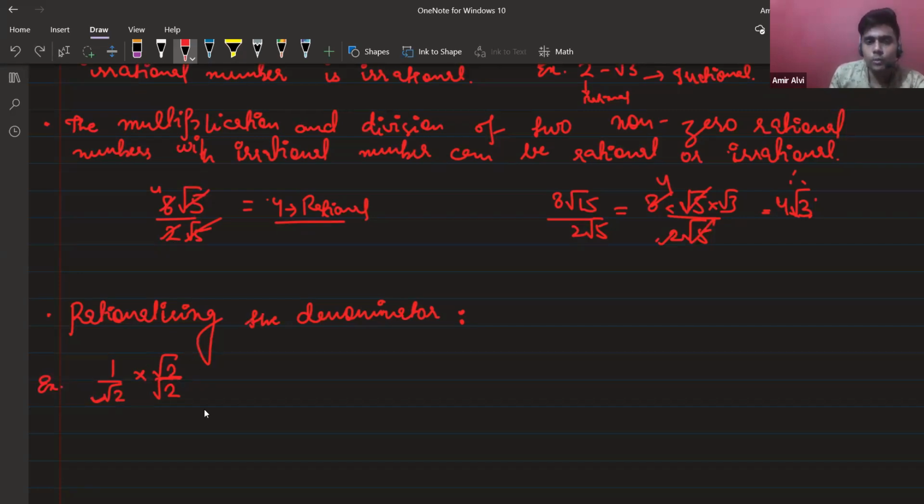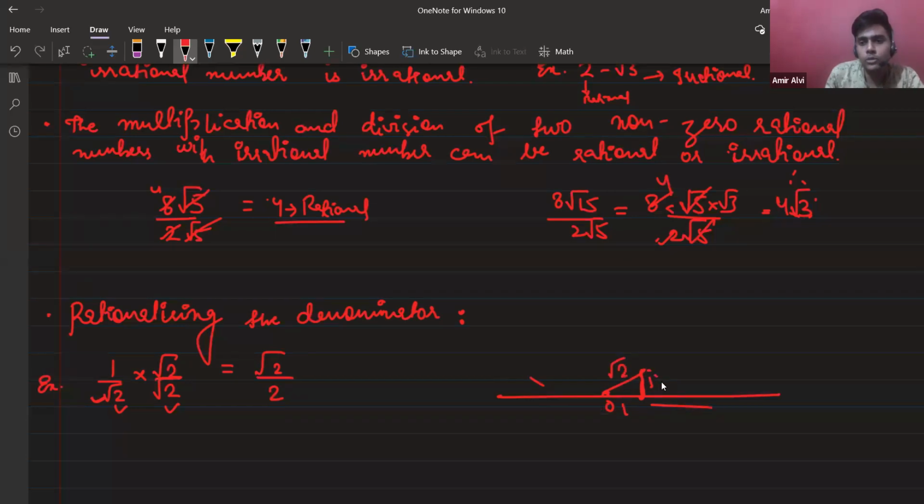Now Simran, root 2 into root 2, what will you get? Our numerator root 2 will stay the same, and the denominator is 2. Yes or no? I told you how to draw root 2 on the number line using the Pythagoras theorem. This is the origin, this is 1 unit, this is 1 unit, and this is root 2.